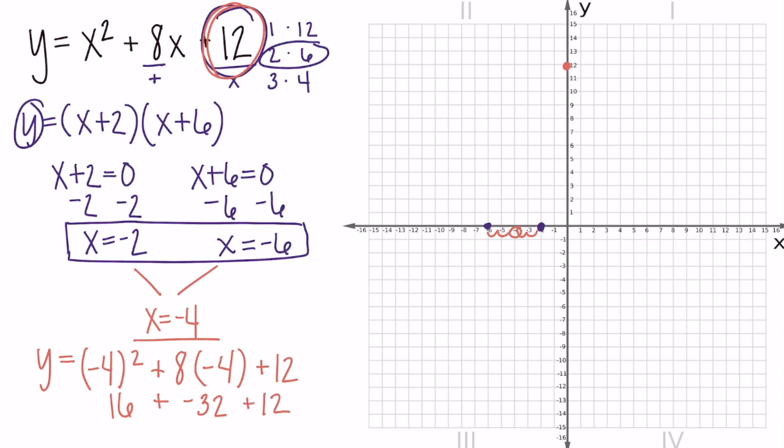Plus 12, so this would get me -16 plus 12, gets me that y would equal -4. So we have my x at -4 and my y at -4, so then that is my vertex. Go ahead and plot that point, -4, -4.